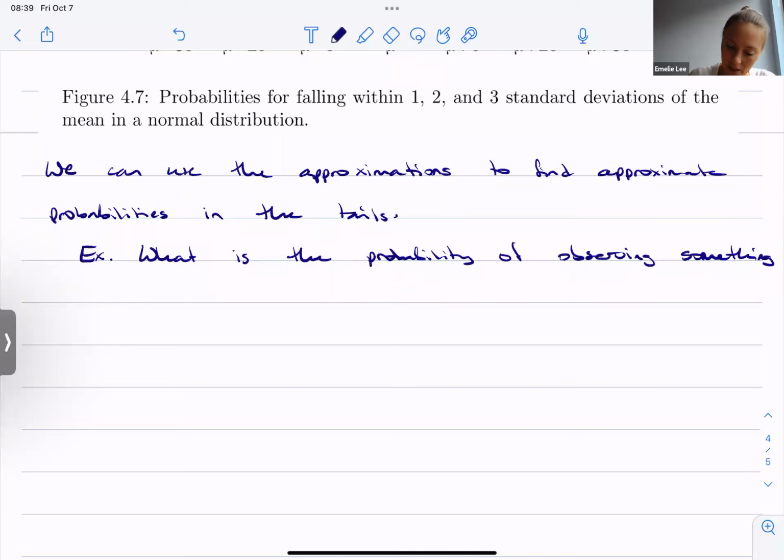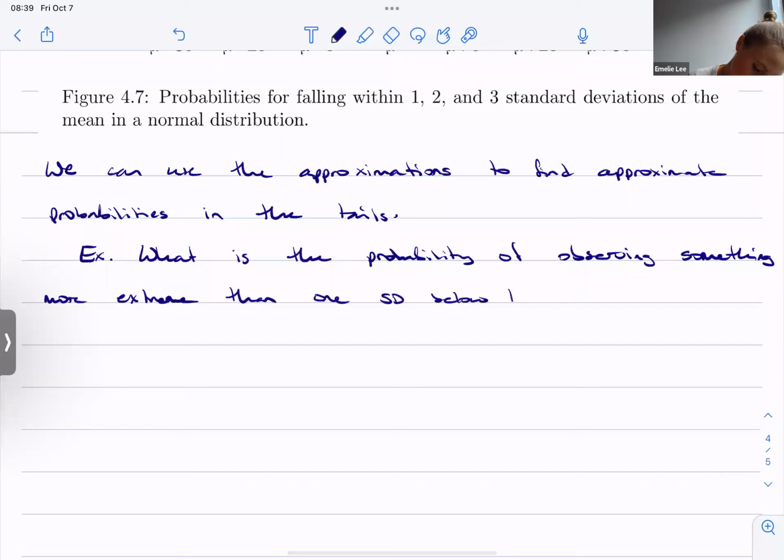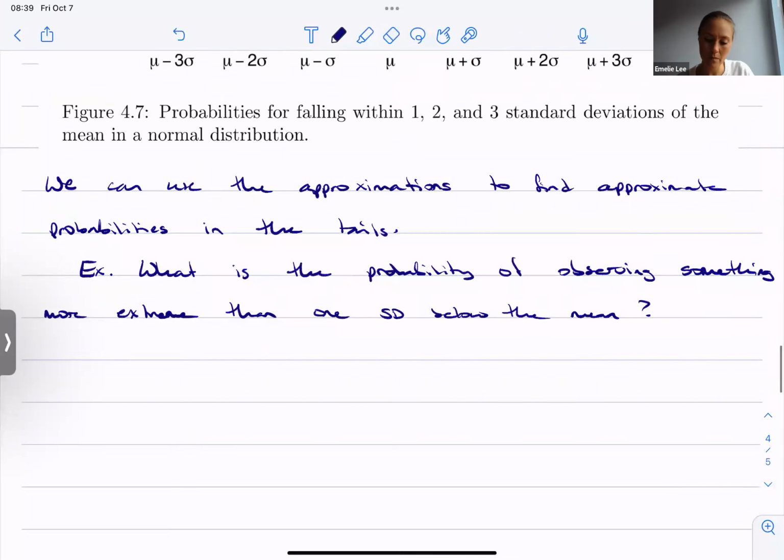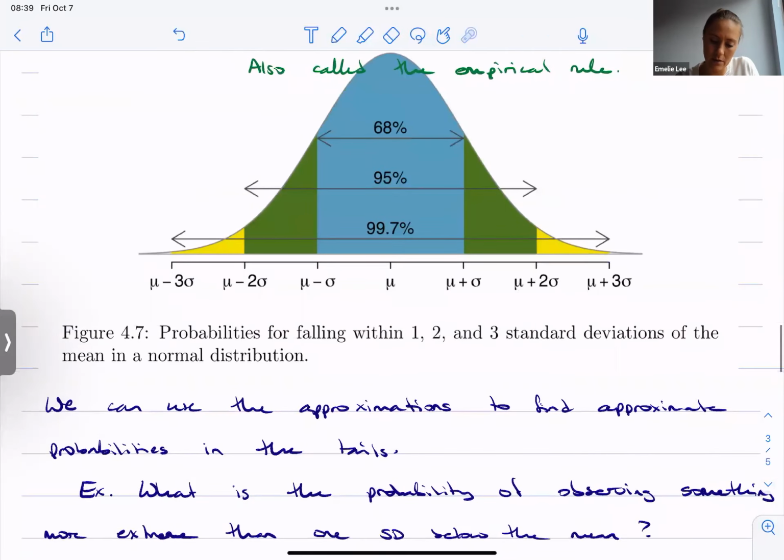More is higher. Something more extreme than 1 standard deviation below the mean. Okay. So then I'm relying on this approximation.